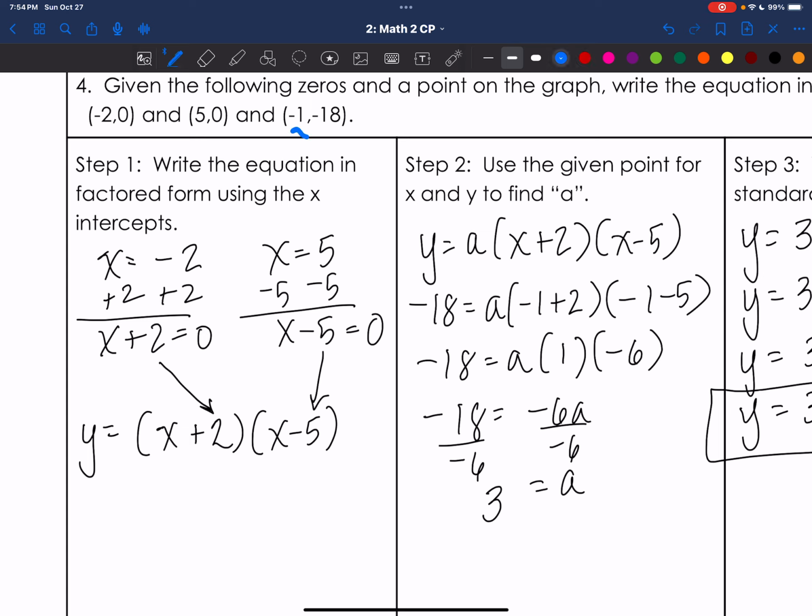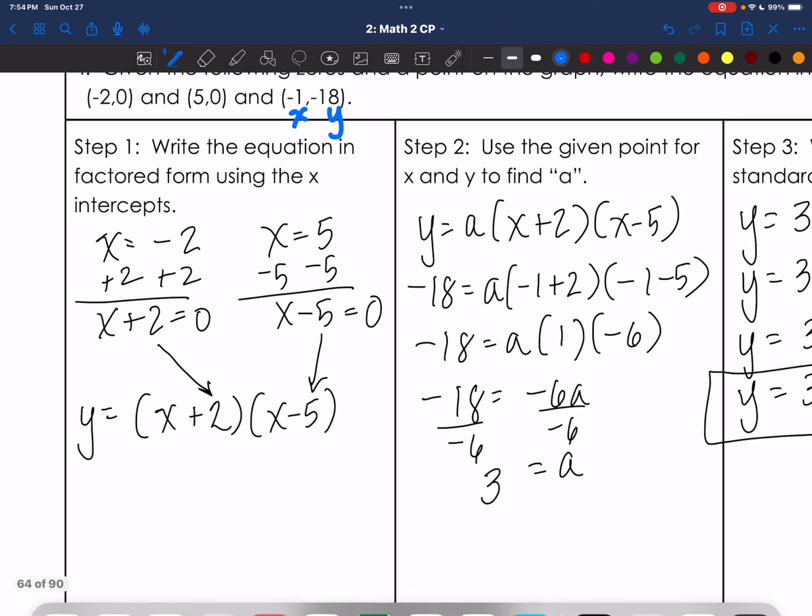Let's say this is x, this is y, and that's where I got this from, and that's where I got this from. And then you're going to go ahead and solve all of that by substituting in the values and solving for a. So we're going to go ahead.